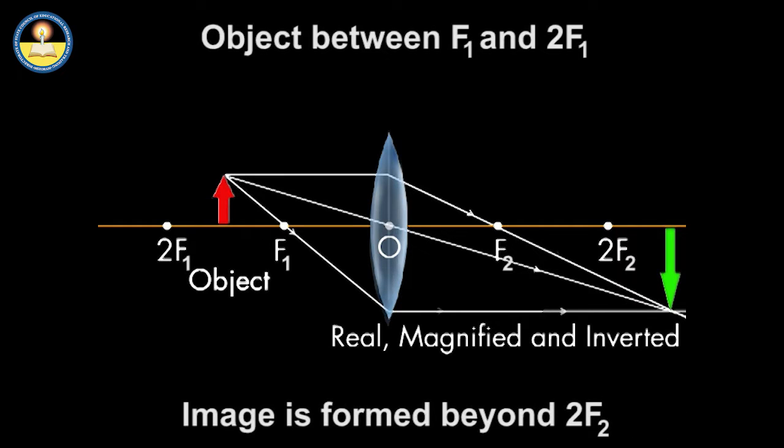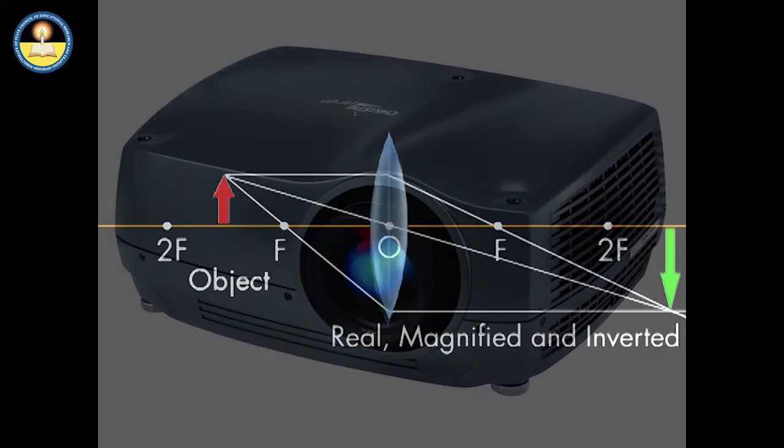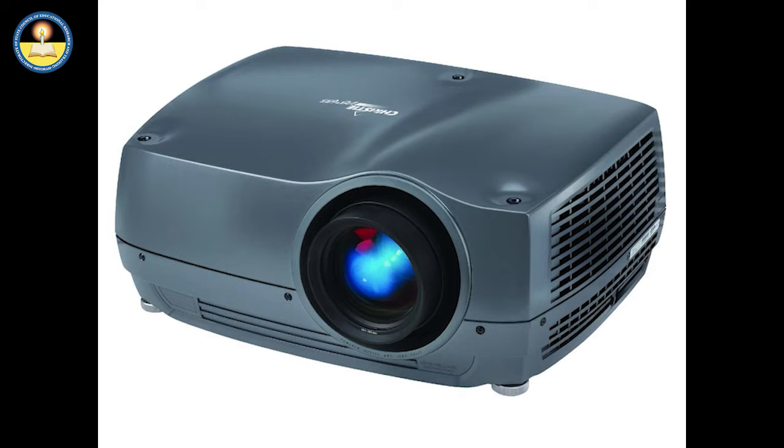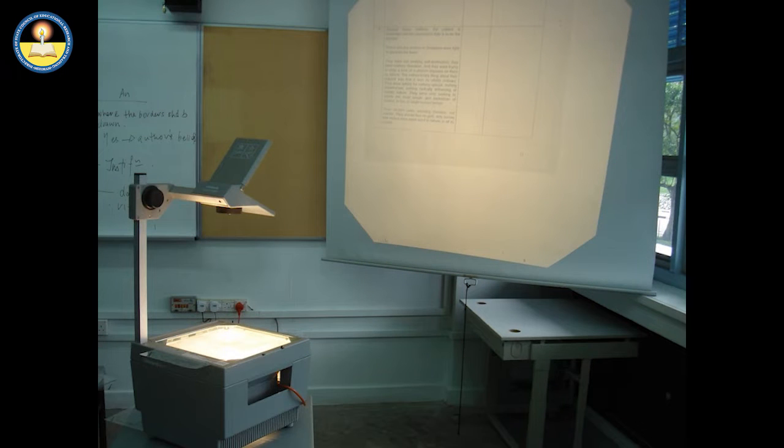Here, it can be noticed that the image is magnified. Such type of image formation is used in projectors. Here, the magnified image is obtained on the screen placed on the other side of the lens of the projector.